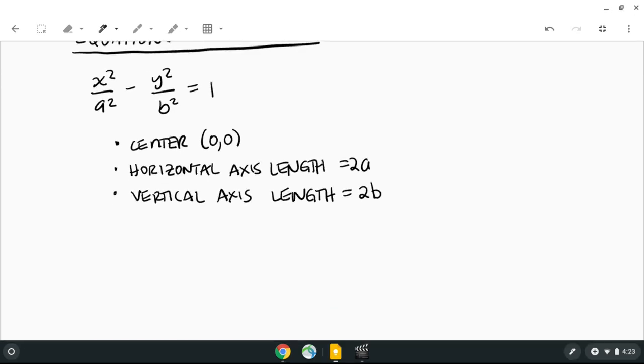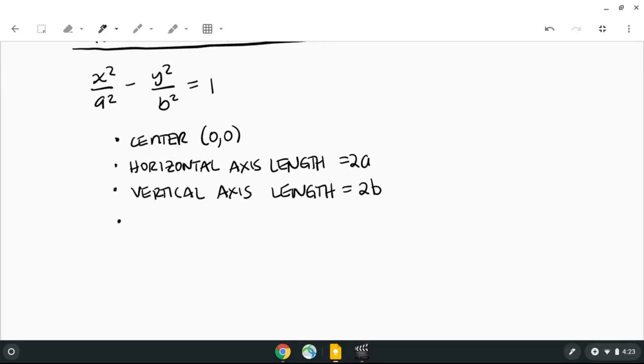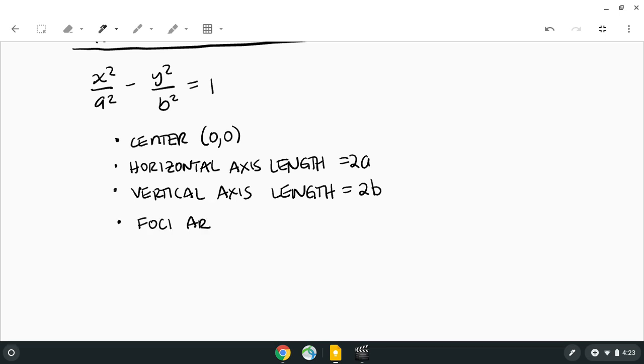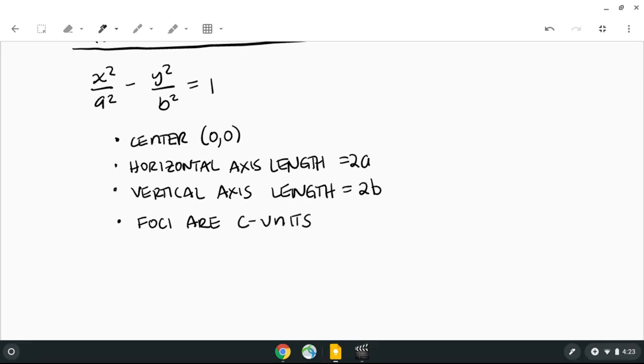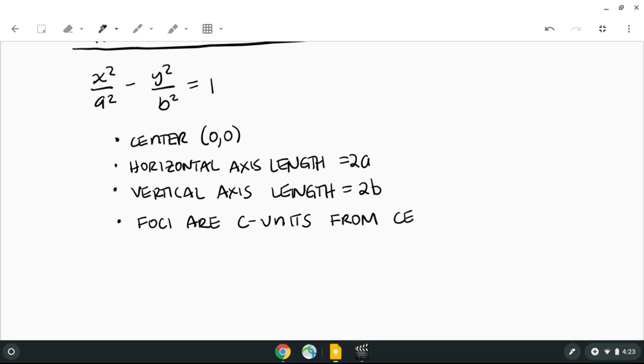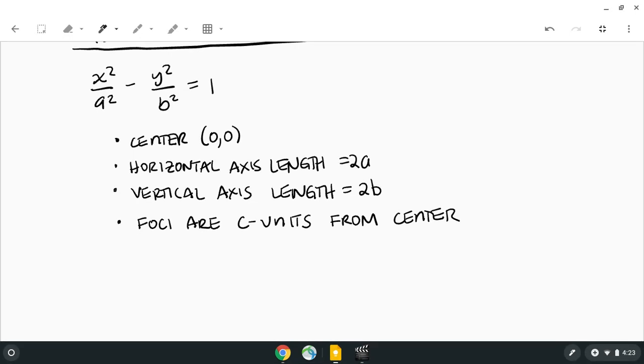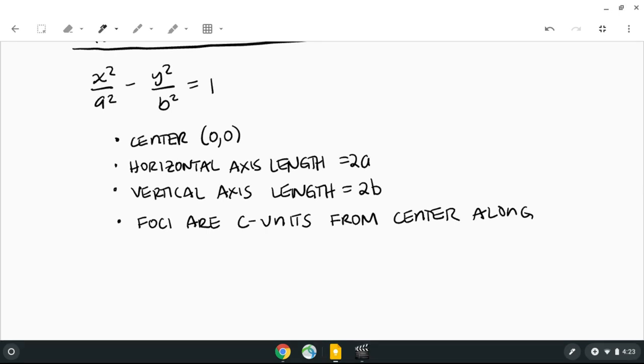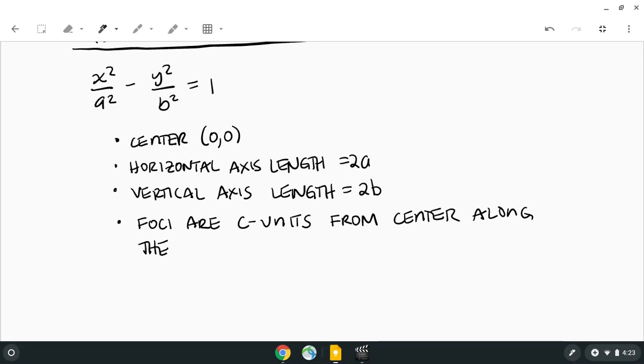And we also know that the two focus points, the foci, are also C units from the center along the, we don't call it the major axis here, we call it the transverse axis, but it's like the main axis.